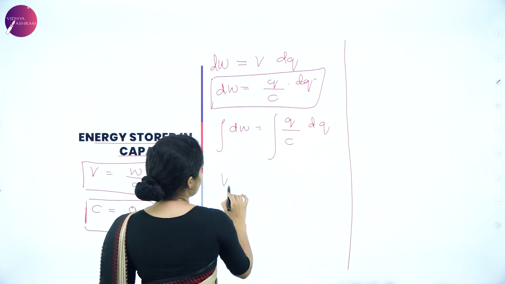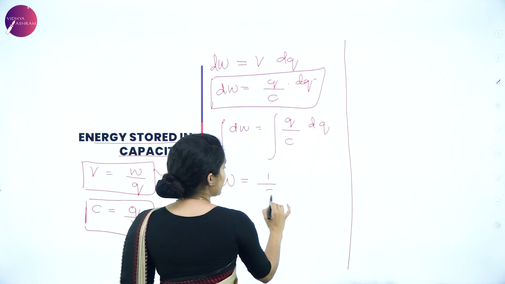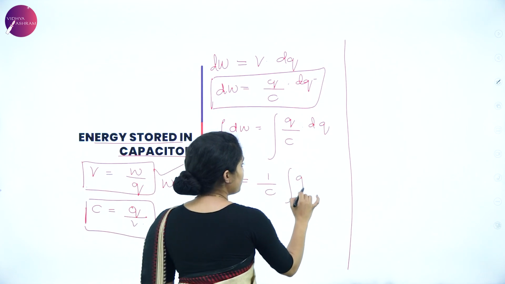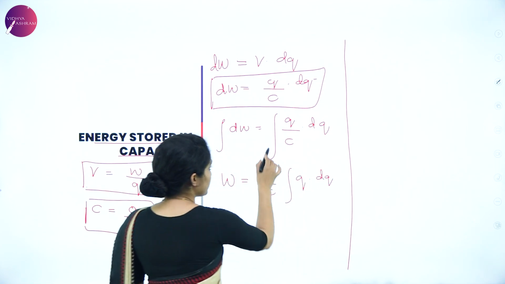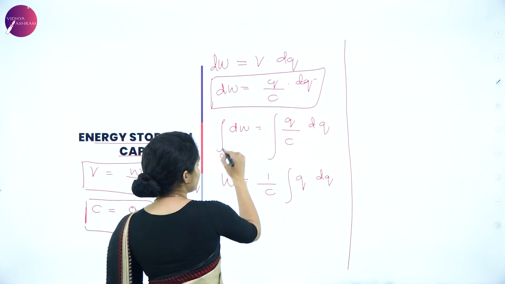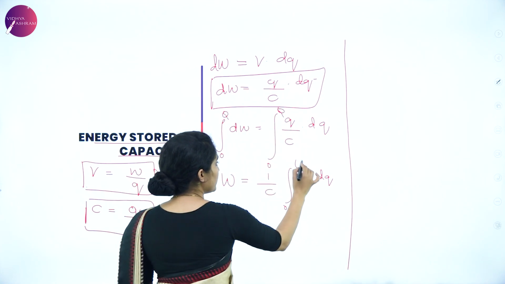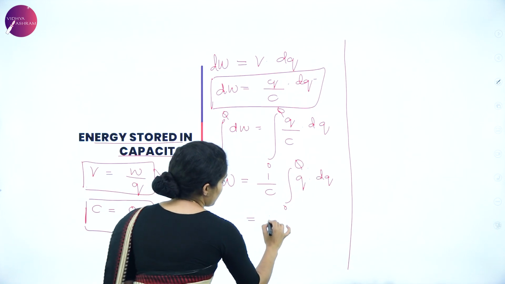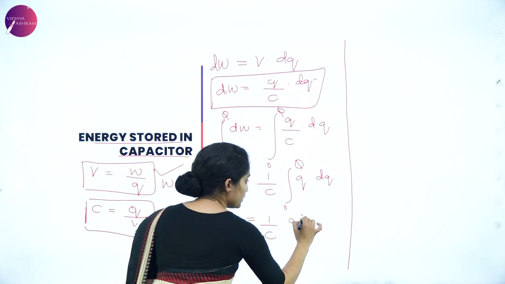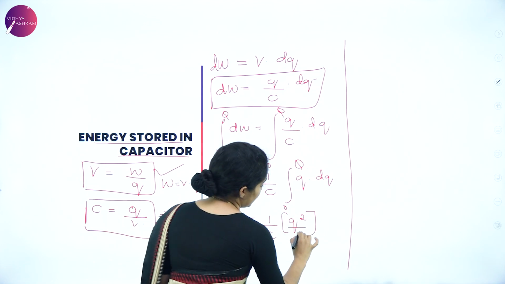So W is equal to 1 by C, taken out, times the integration of Q into dq, with limits from 0 to Q charge. So we have 1 by C into Q square divided by 2.